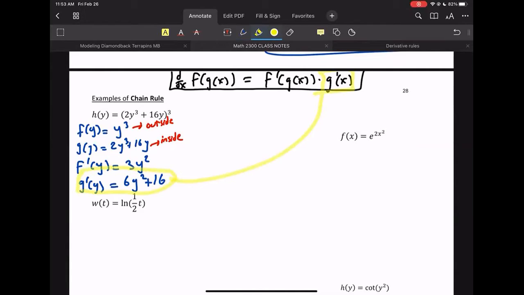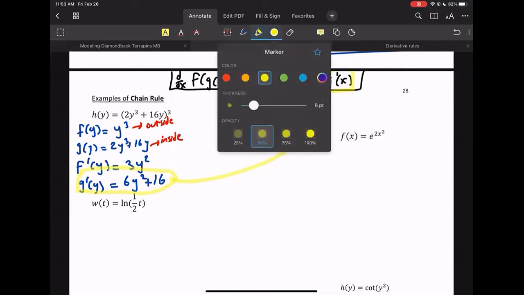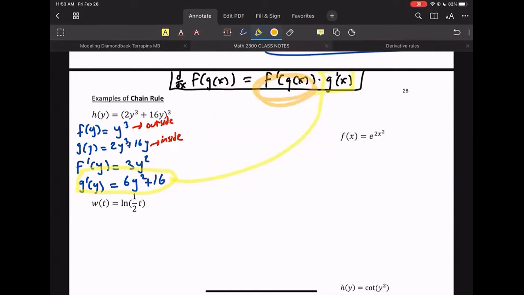But we don't have the other piece, right? The other piece is not f prime of y, it's f prime with g plugged into it. So we still need to figure out this piece. And it uses this, but it's not that. We need to plug g in there.